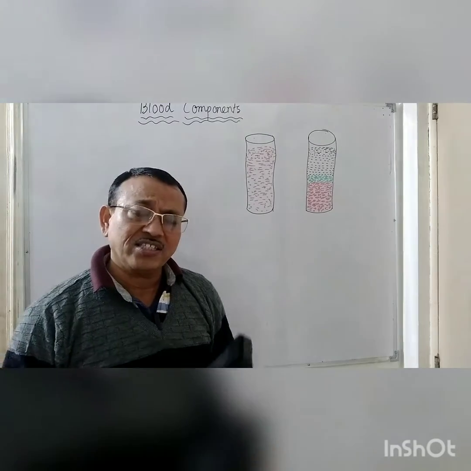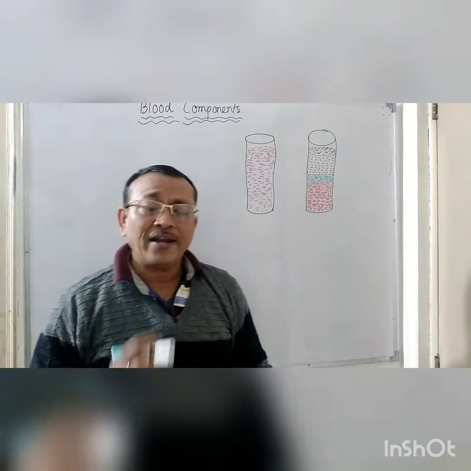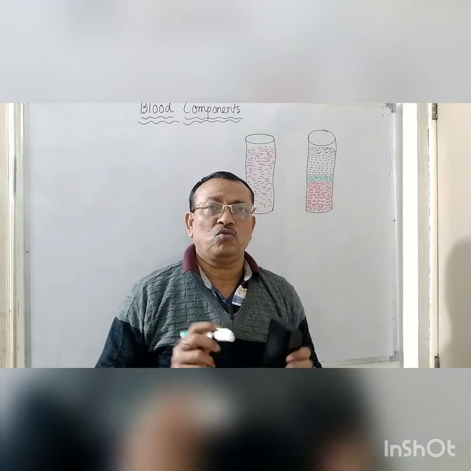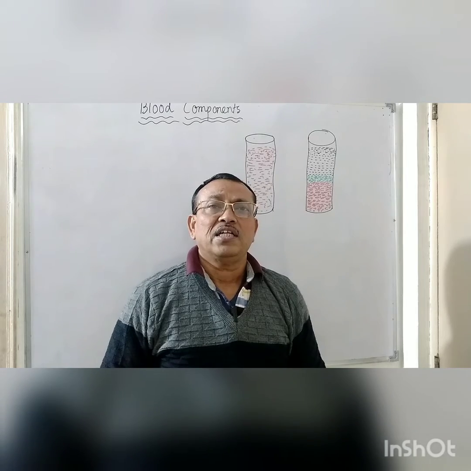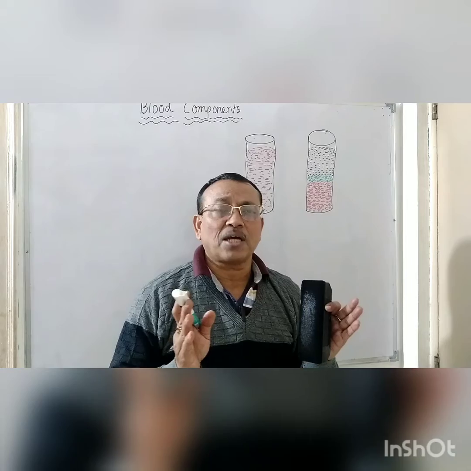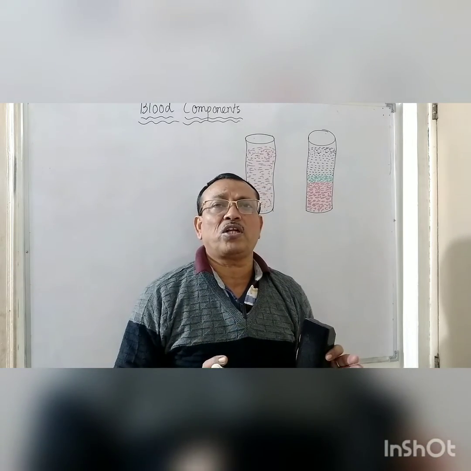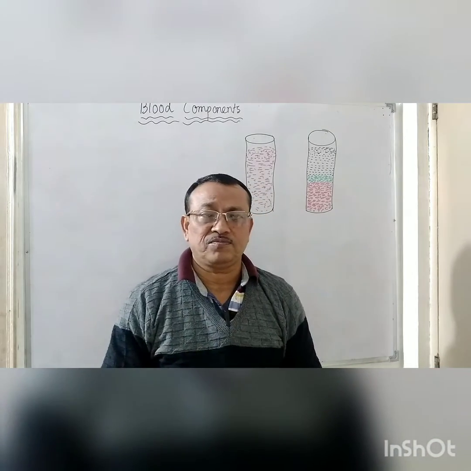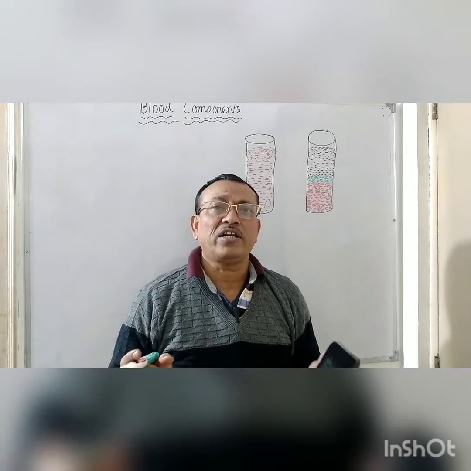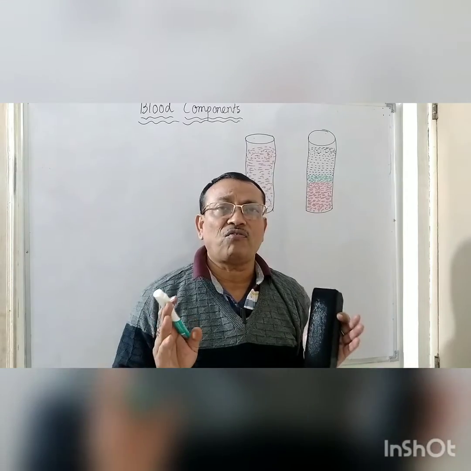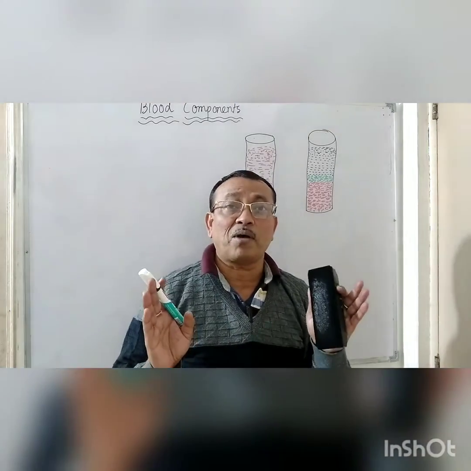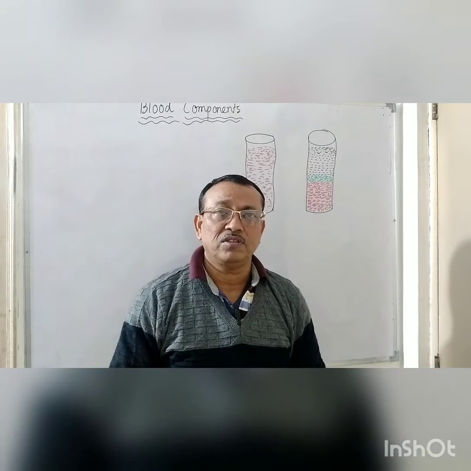As per the definition, it is defined as the fluid connective tissue that is responsible for transportation of different substances from one part of the body to the other parts. As per the volume, it is about 5 to 6 liters. 5 to 6 liters is the normal range of the blood volume.